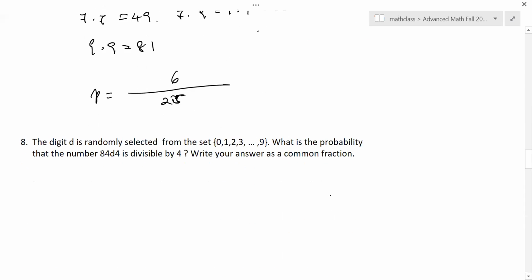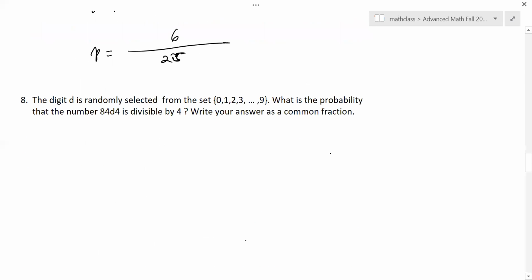All right, so here's another problem. The digit D is randomly selected from the set from 0 to 9. What is the probability that the number 8,404 is divisible by 4?